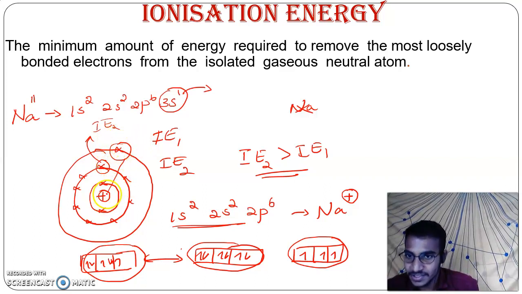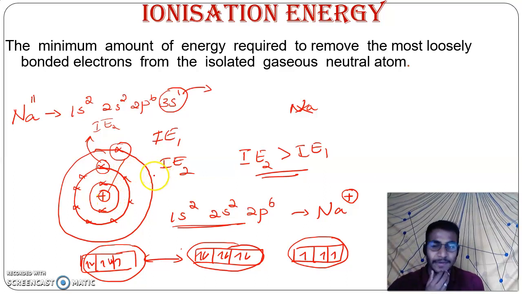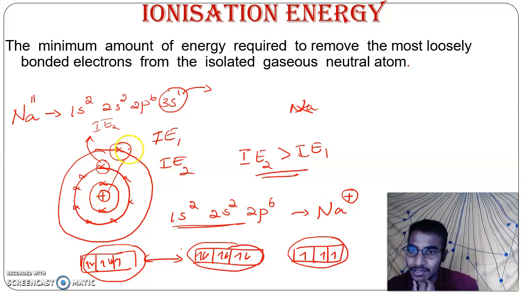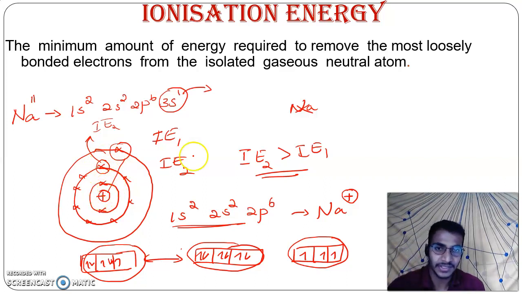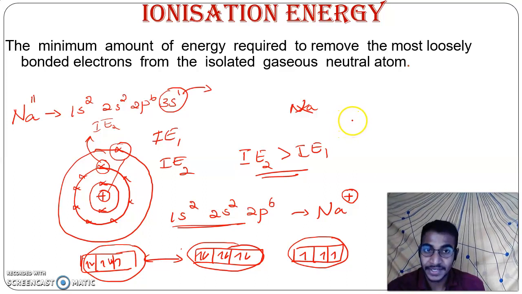One thing is, it is nearer, and positive and negative will attract each other. And also one thing you should remember: you may think, why can't it give up an electron? Why can't we remove an electron easily from the third shell or second shell? The only thing you should remember is the concept that positive and negative charges attract each other.